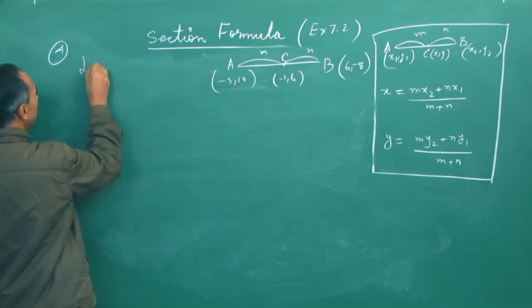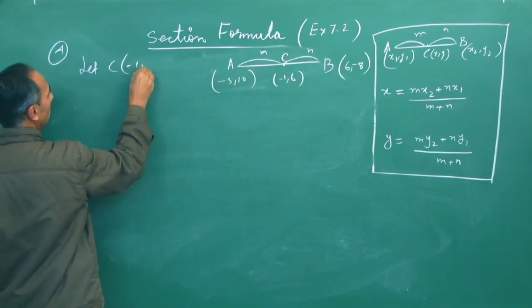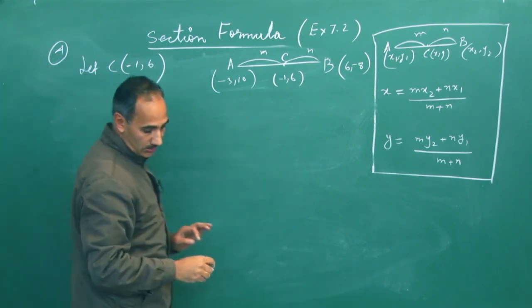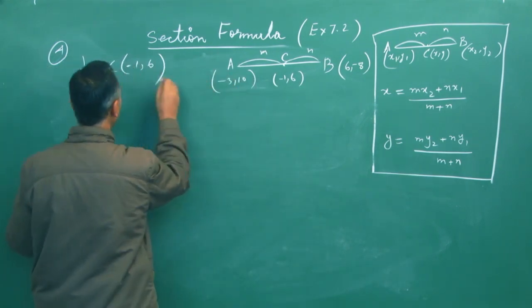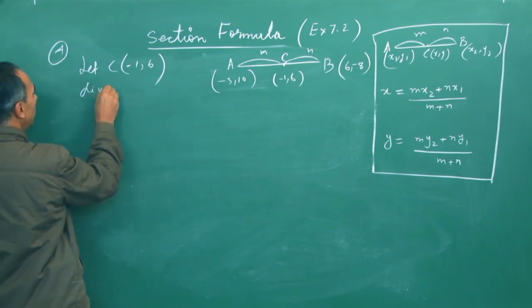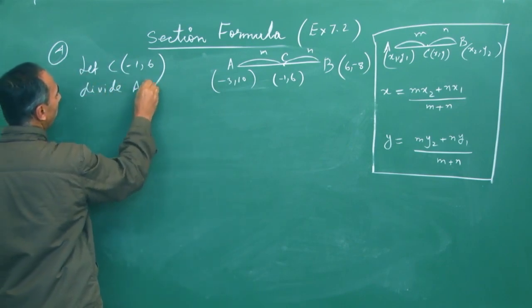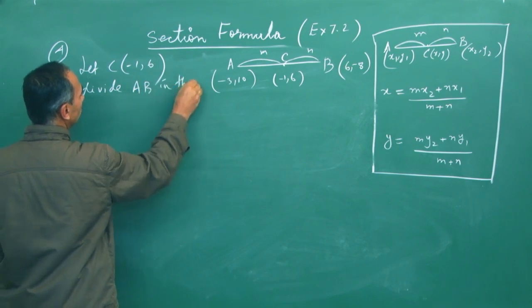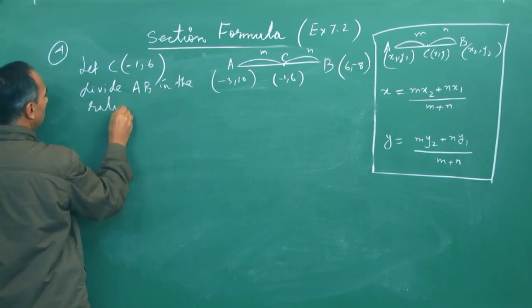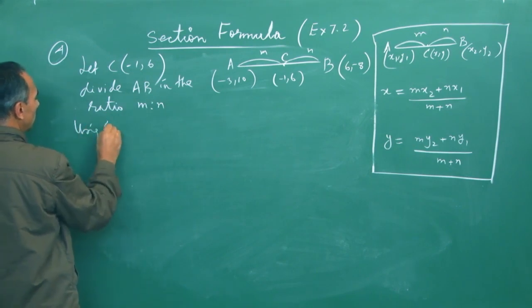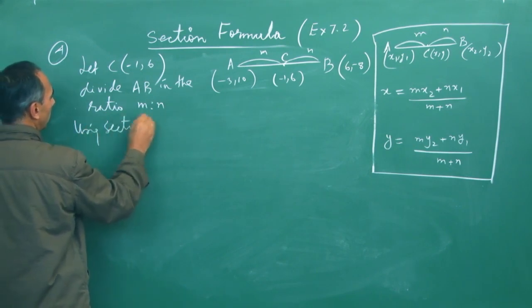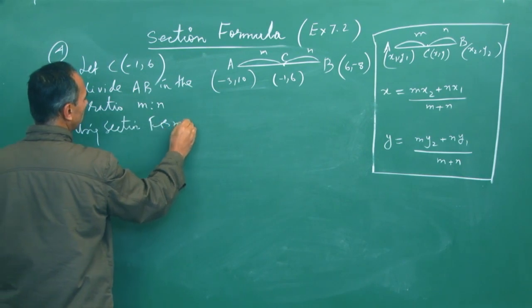Let C (-1, 6) divide AB in the ratio m:n. Now apply the section formula.